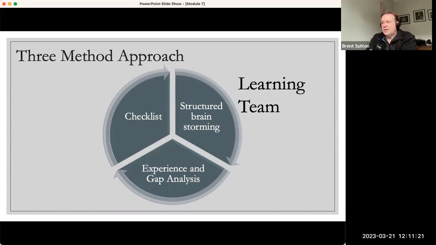But the big chunk of it is going to be around what we call the structured brainstorming, which is the learning team.